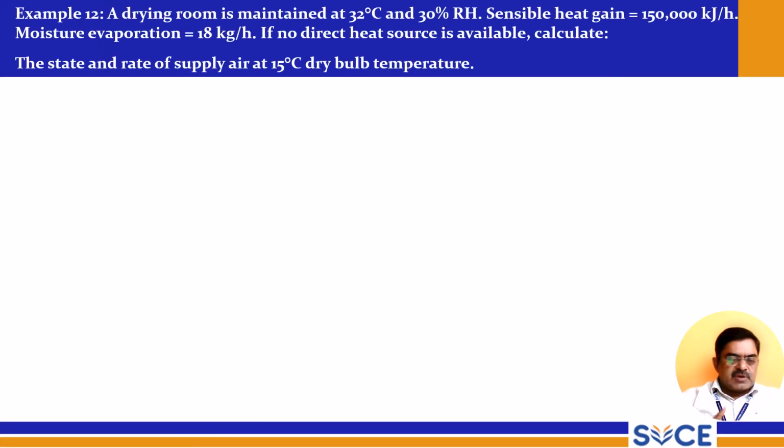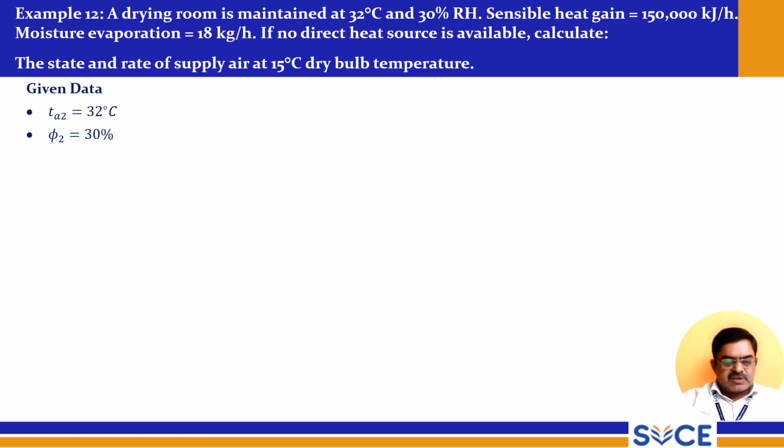So next example: a drying room is maintained at 32 degrees Celsius and 30% relative humidity. The sensible heat gain is equal to 1,50,000 kilojoules per hour. Moisture evaporation is equal to 18 kg per hour. If no direct heat source is available, calculate the state and rate of supply air at 15 degrees Celsius dry bulb temperature.